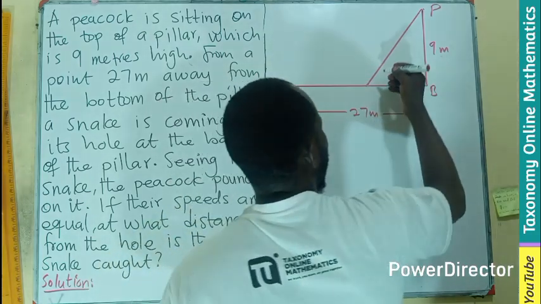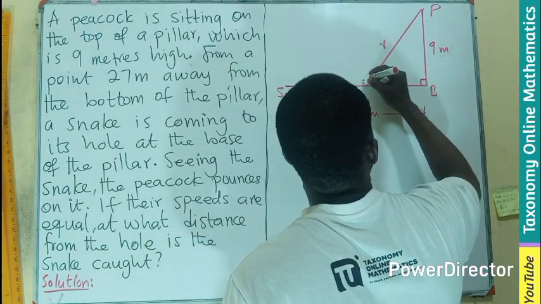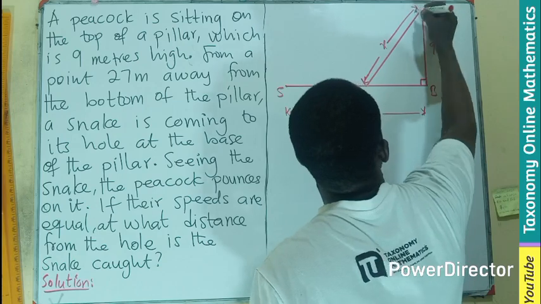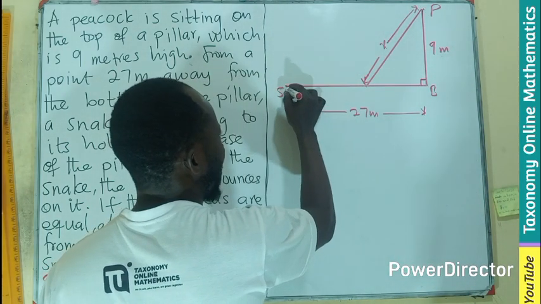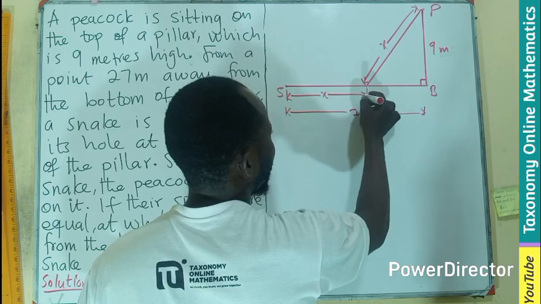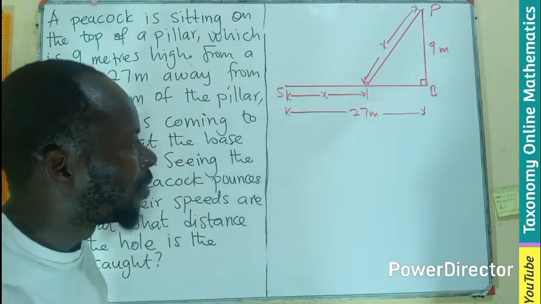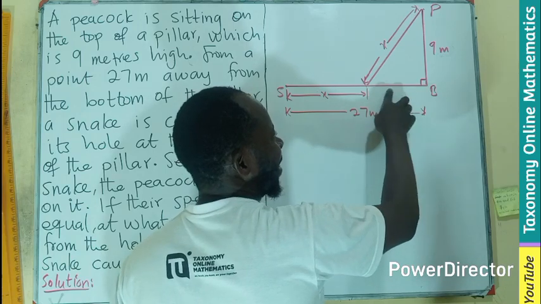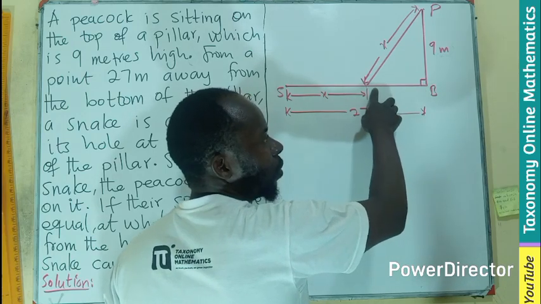We can represent by x the distance from here. Then the distance from here will also be x, the same as the snake's movement. What is left? We just need the distance from the hole, this area.